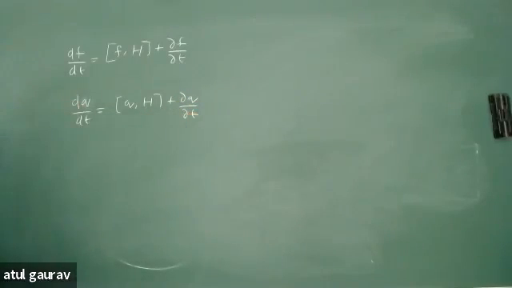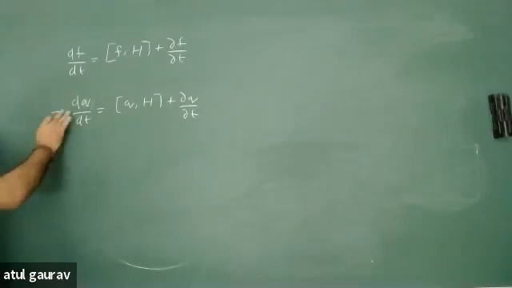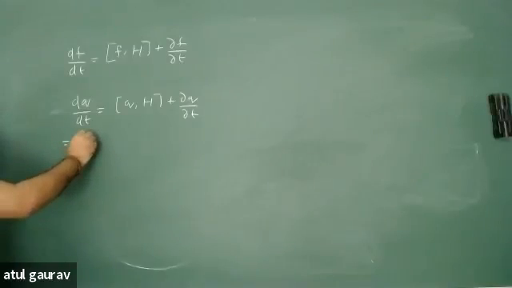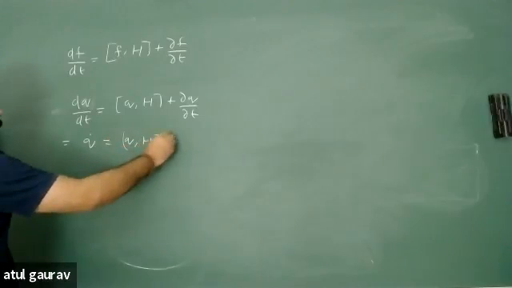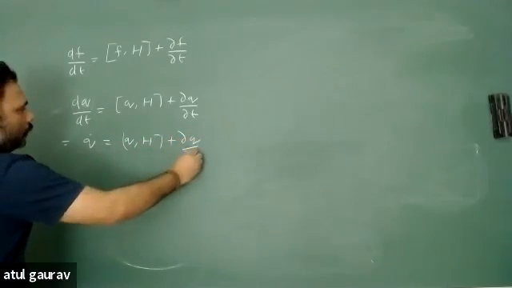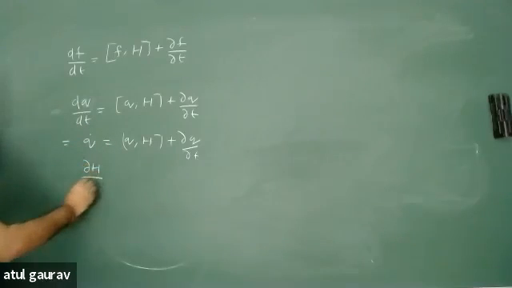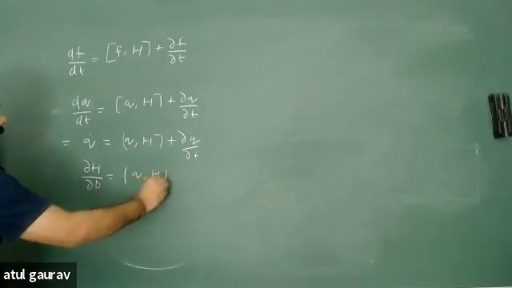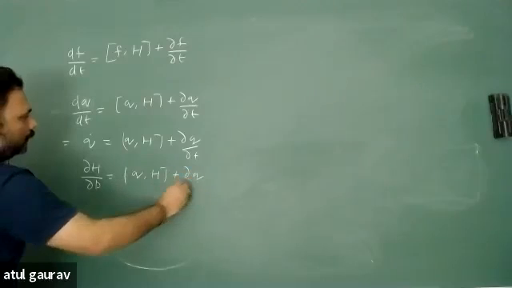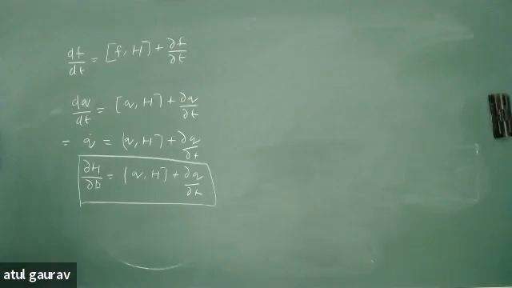And what is dq upon dt? It is equal to q dot. So q dot is equal to [q, H] plus del q upon del t. And what is q dot? This is del H upon del p, which is equal to [q, H] plus del q upon del t. So this is the Hamiltonian equation of motion in terms of Poisson bracket.